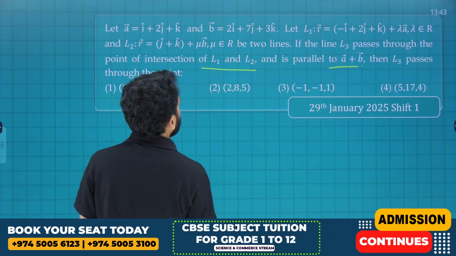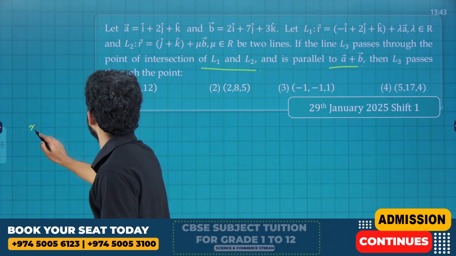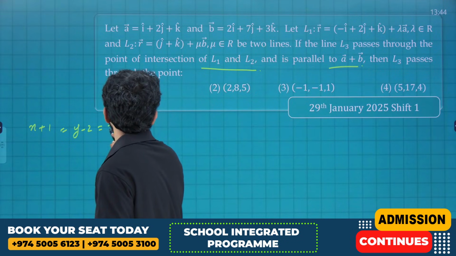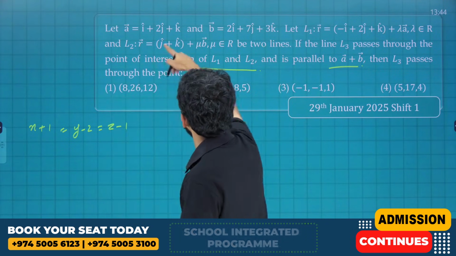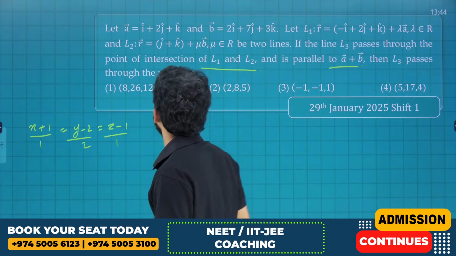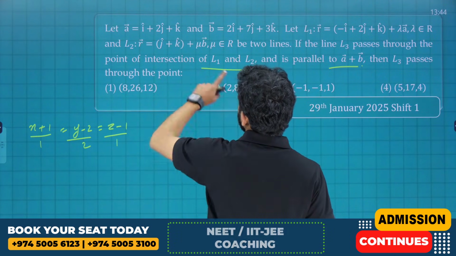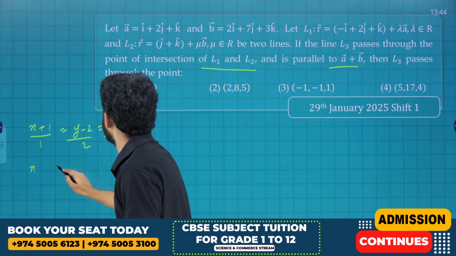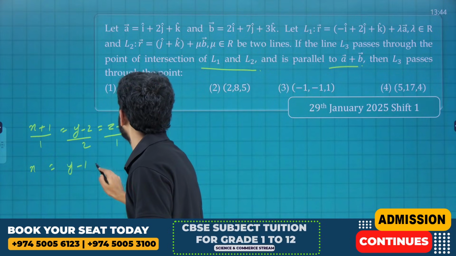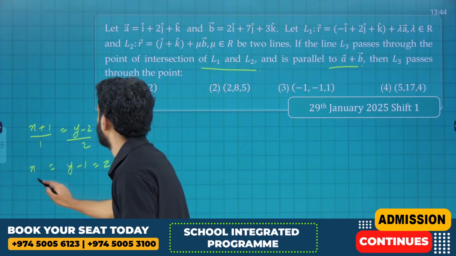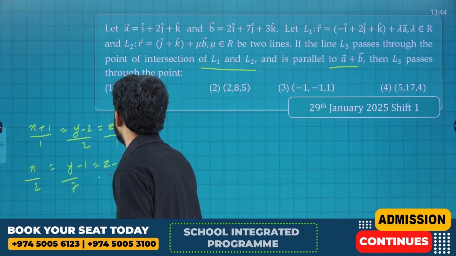The L1 can be written like x plus 1 is equal to y minus 2 is equal to z minus 1, with vector A being 1, 2, 1. Next one is x minus 0, y minus 1, z minus 1. And what about B? B is 2, 7, 3. Each ratio is by 2, by 7, by 3.